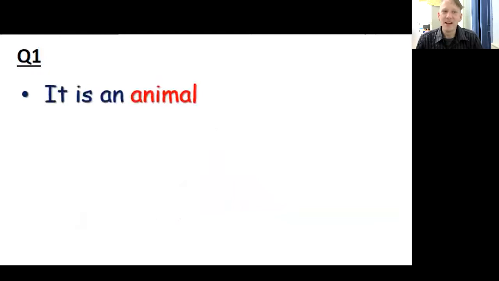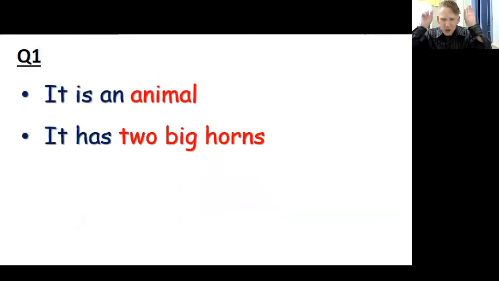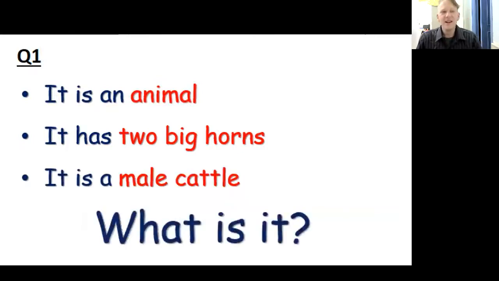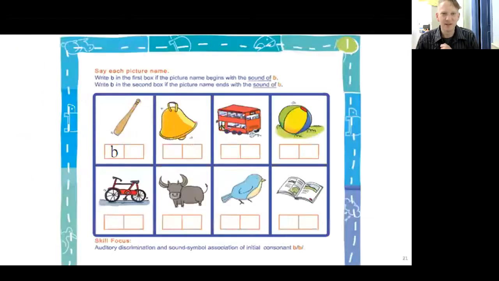Question 1. It is an animal. It has 2 big horns. Ooh. I'll give you one clue. This animal represents this Chinese New Year. That is right. It is. Does anybody know what it is? And it is a male cattle. Have we guessed it? That's correct. It is a bull. Let's say it together.